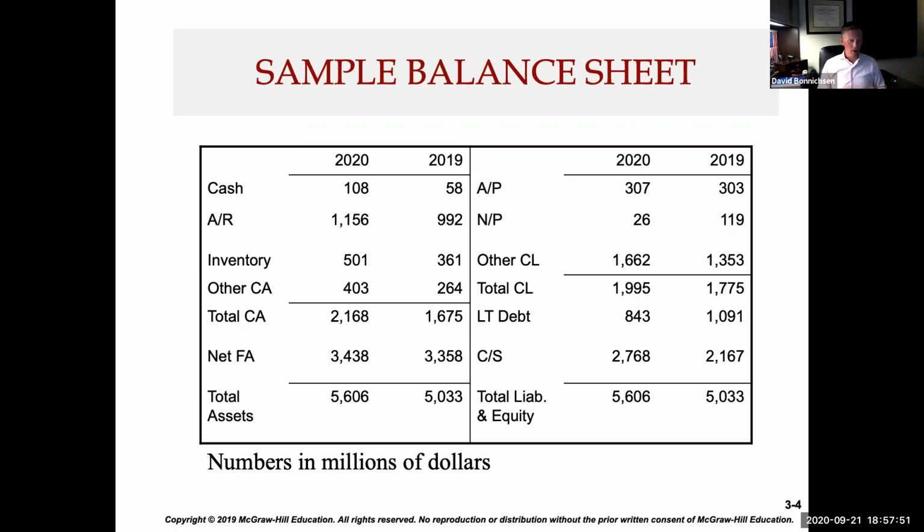We want to know how much cash do we have and how can we best allocate it? And then what cash is going to be required to run the business on a day-to-day basis after we make those first two choices. Okay, so understanding what's a source of cash and what's a use of cash becomes very important as a financial manager.